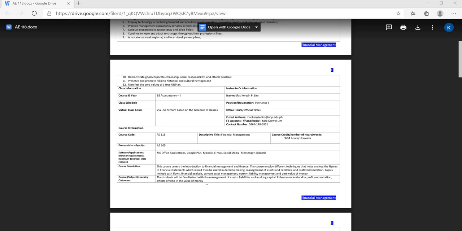But in our basic accounting, there is no discussion as to how the financial statements will be useful in making economic decisions. So in this subject, we'll be discussing how these financial statements would guide the decision makers in making the right decision.